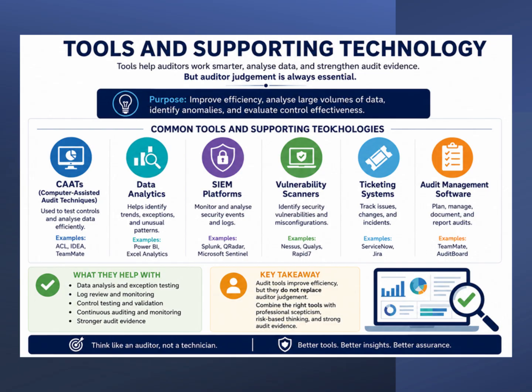A key CISA concept is that tools improve efficiency and visibility, but they do not replace auditor judgment. Auditors must still apply professional skepticism, understand business risk, evaluate evidence quality, and determine whether controls are truly operating effectively. The strongest audits combine effective technology with strong audit procedures, analytical thinking, and risk-based decision-making.